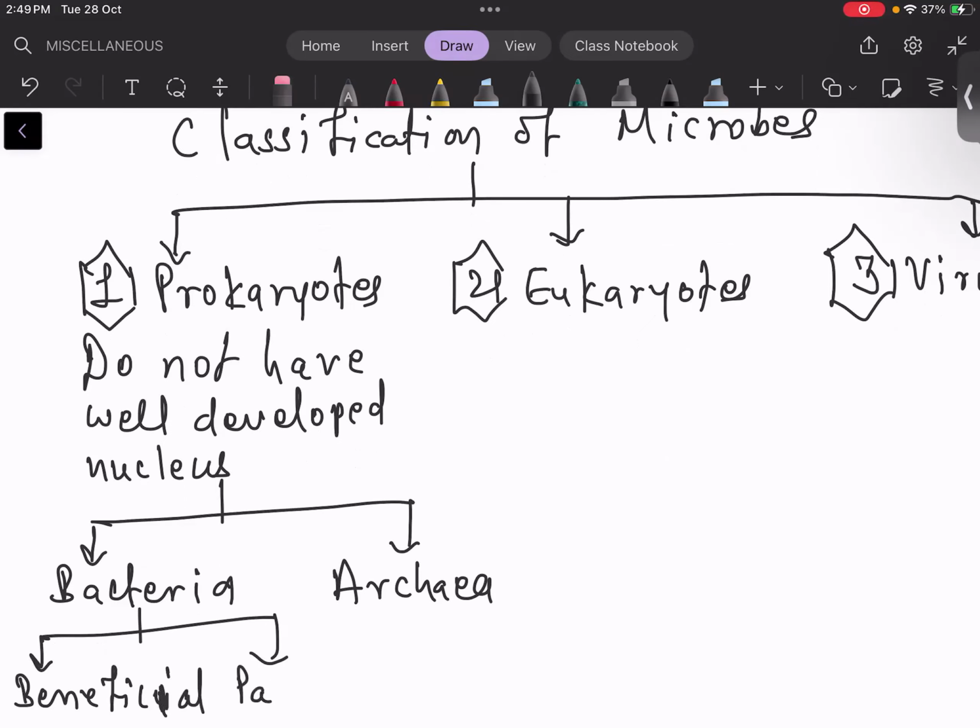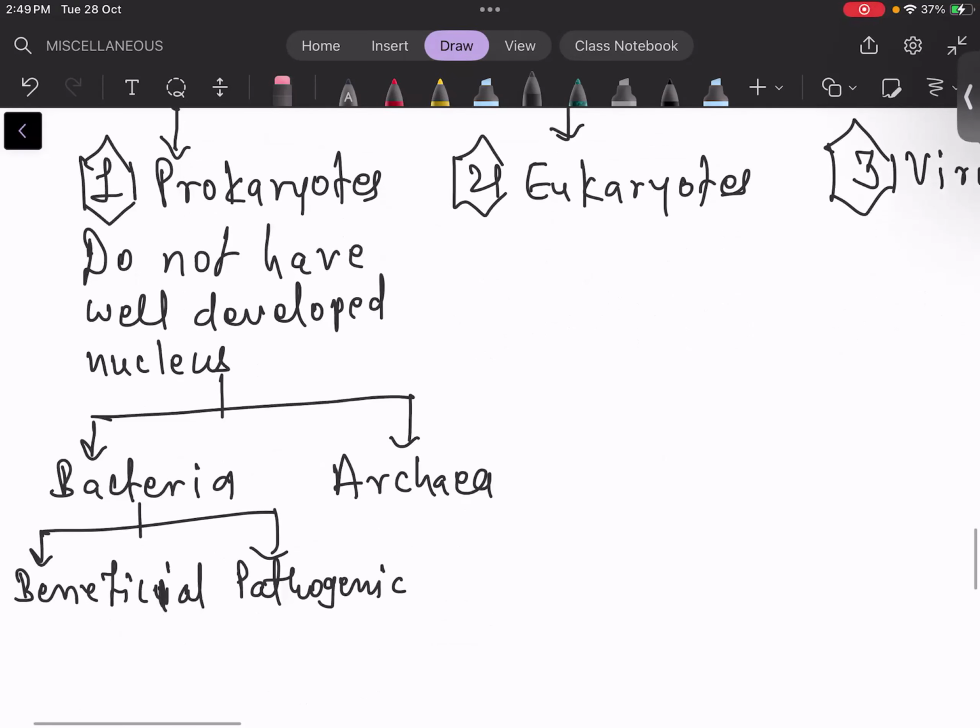Now, archaea are unicellular prokaryotes that live in extreme environments.